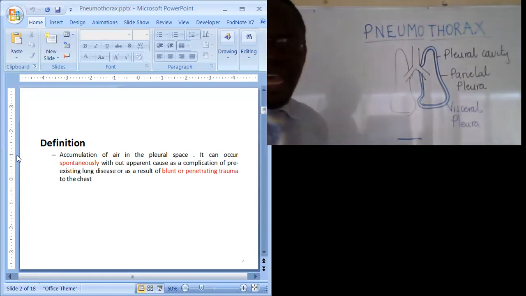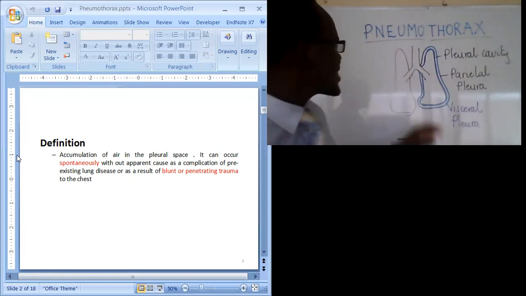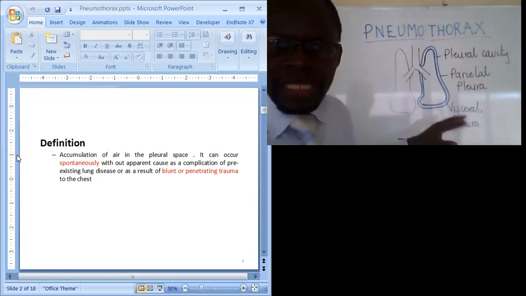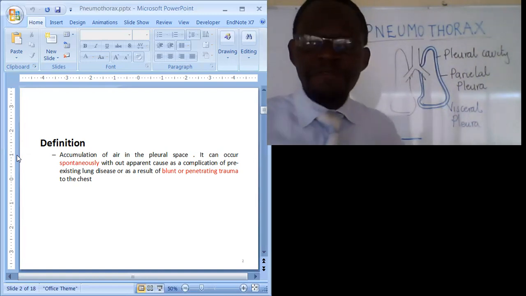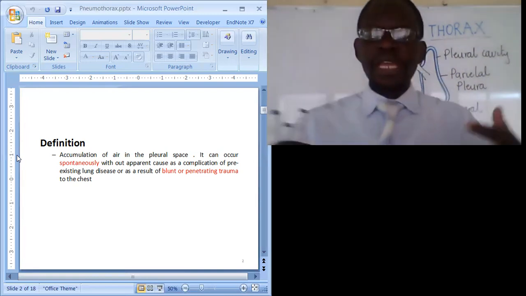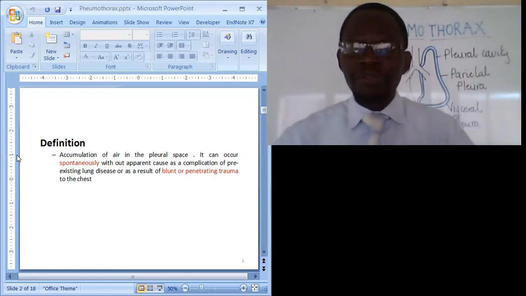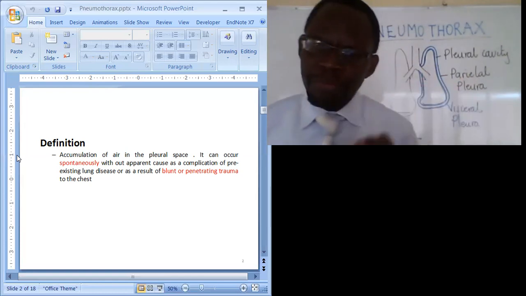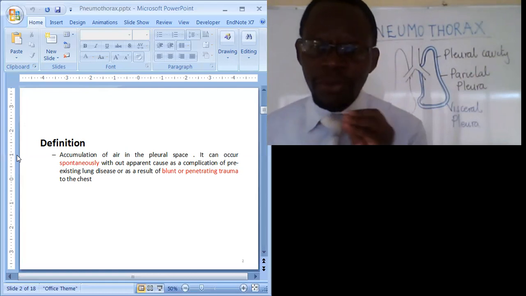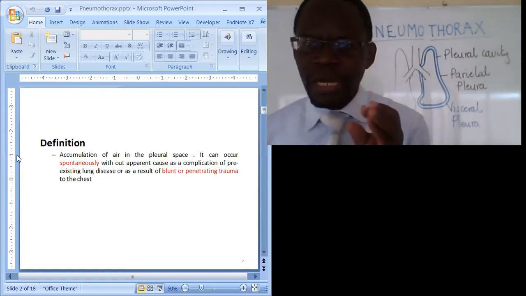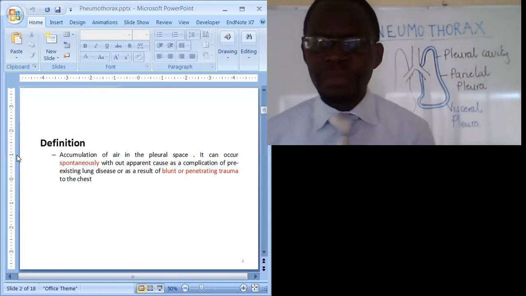Now that cavity ideally has very little fluid, just to prevent friction as you breathe in and out, as the lungs move in and out. There is very little fluid, about or even less than 50 mils of fluid.